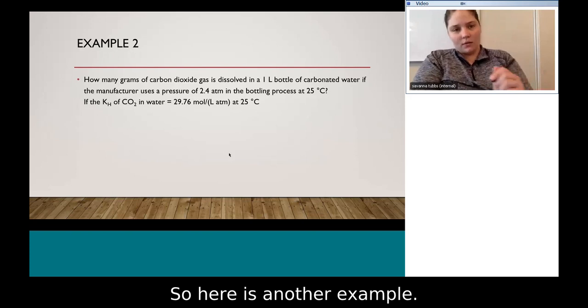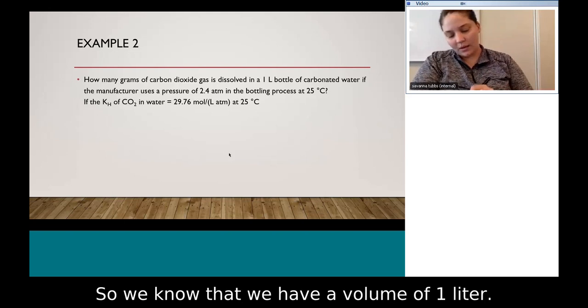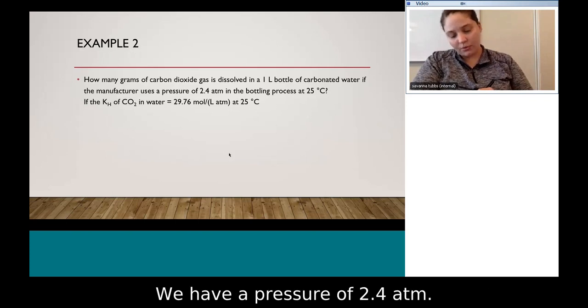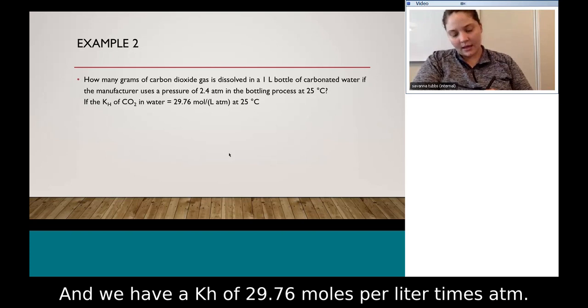All right, so here is another example. It's going to be pretty much similar to our first example. So we know that we have a volume of 1 liter, we have a pressure of 2.4 atm, and we have a KH of 29.76 moles per liter times atm.